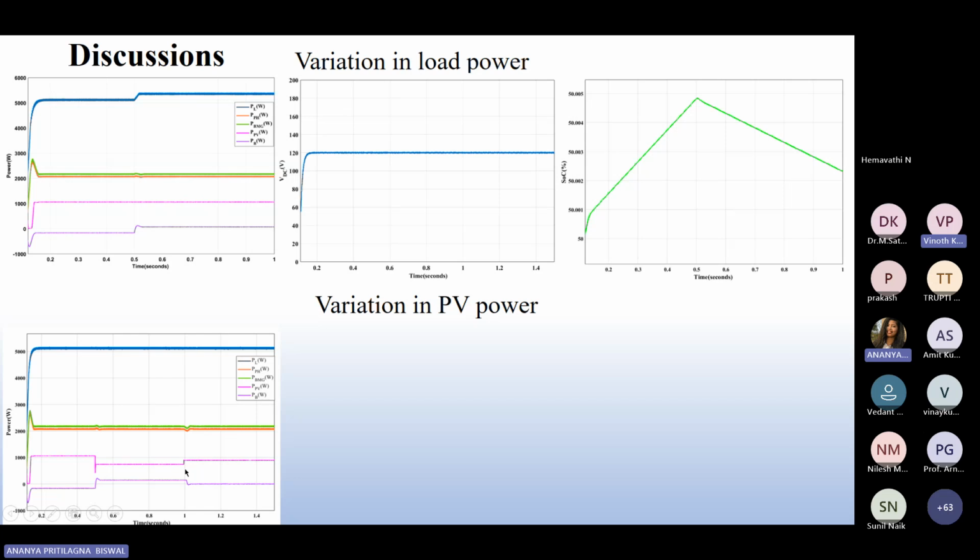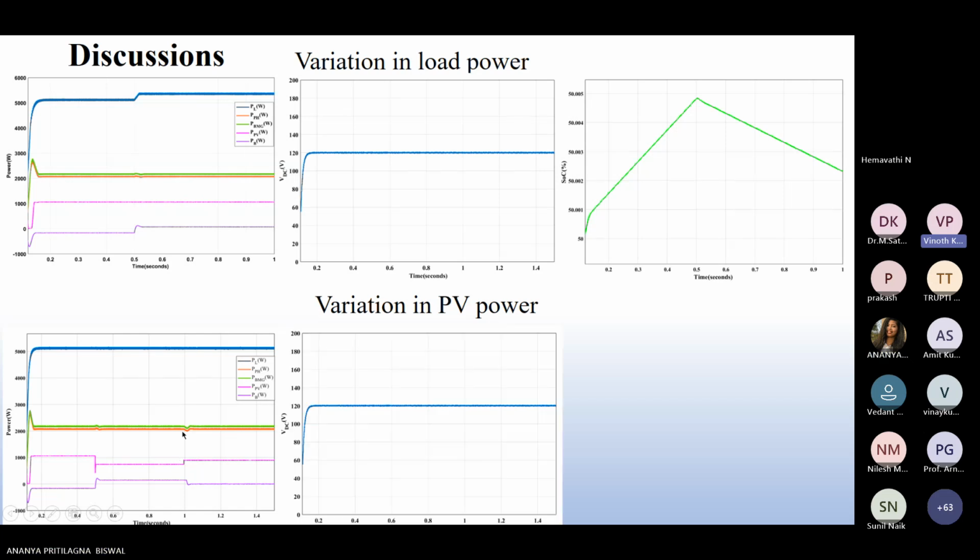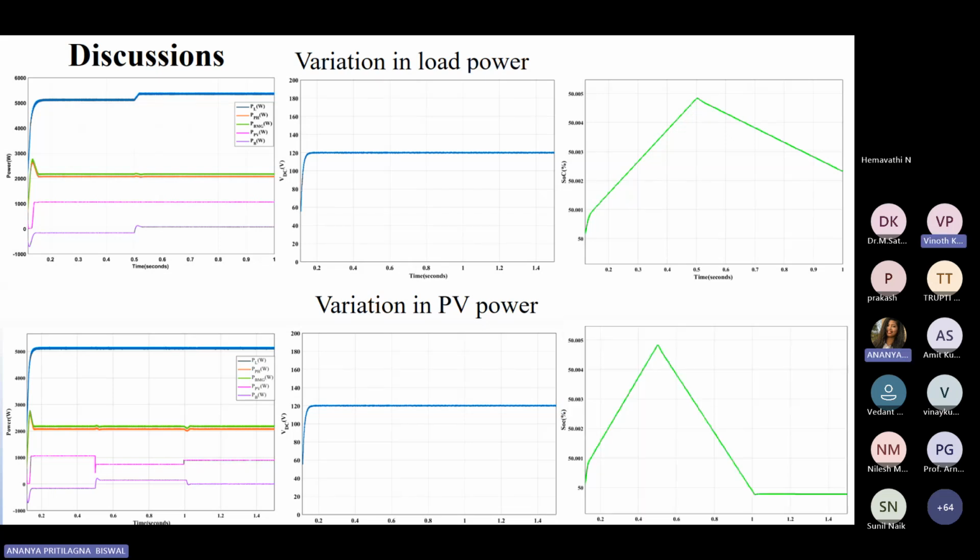To satisfy that load demand, battery power is used to maintain the load. Here also in this case, the DC link voltage is maintained constant, and the SOC for this case too, that is the change in PV power, is represented.